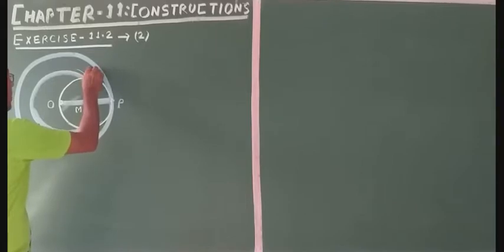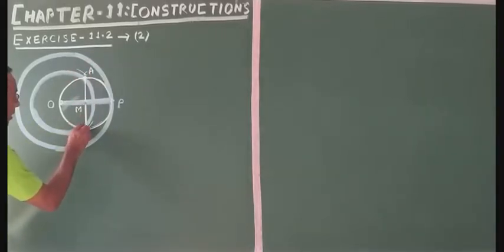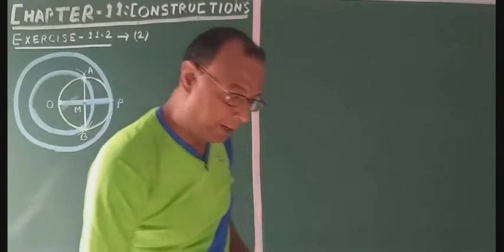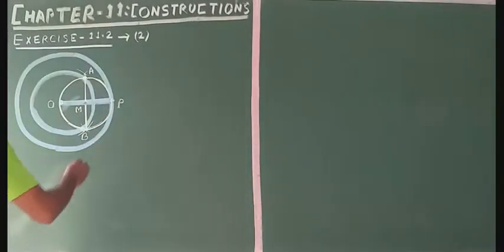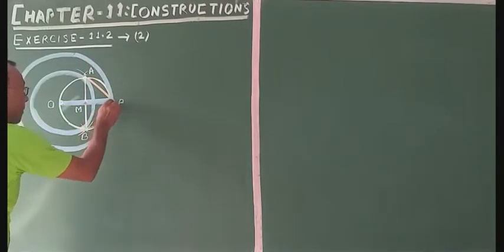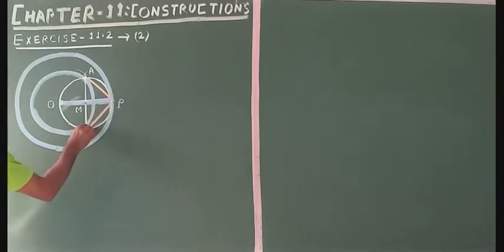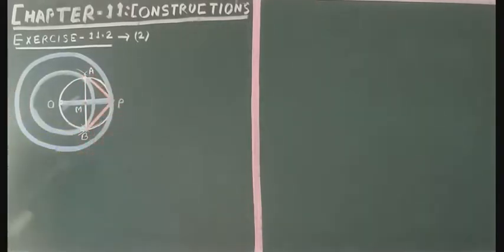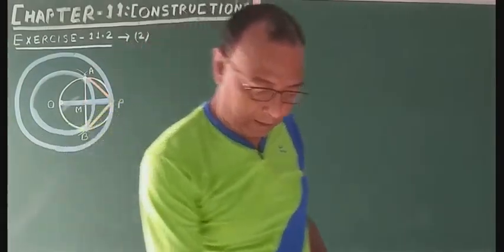Let this be point A and this be point B, and then we will join PA and PB. PA and PB are the required tangents.